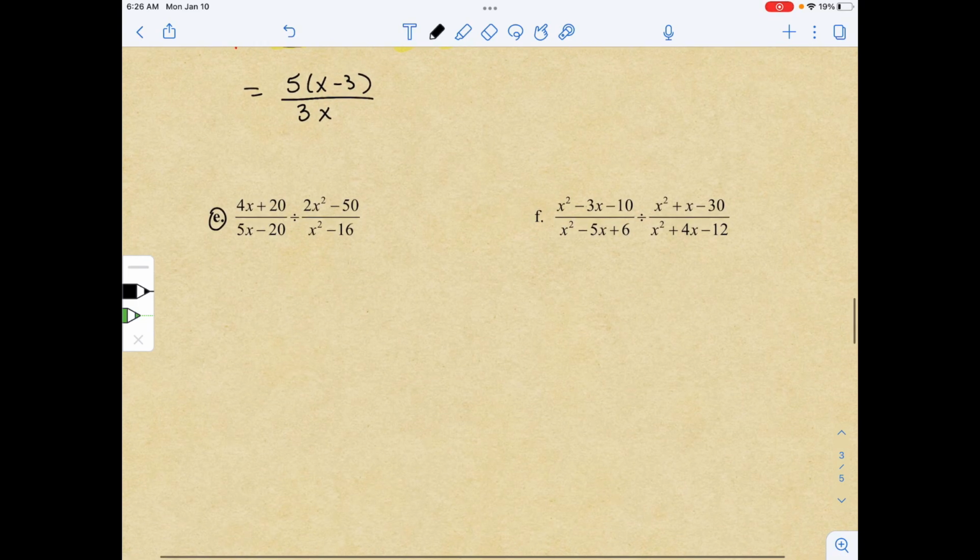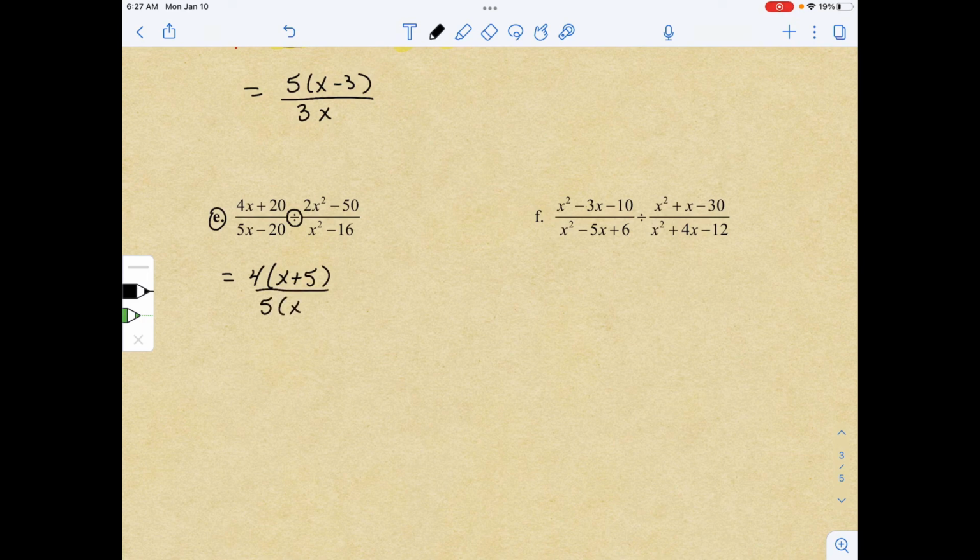All right, question E, we have a divide. Okay, so remember when we divide fractions, we're going to multiply by the reciprocal. Our first top polynomial there, 4x plus 20, we can take a 4 out of 4x plus 20 to give us 4 times x plus 5.